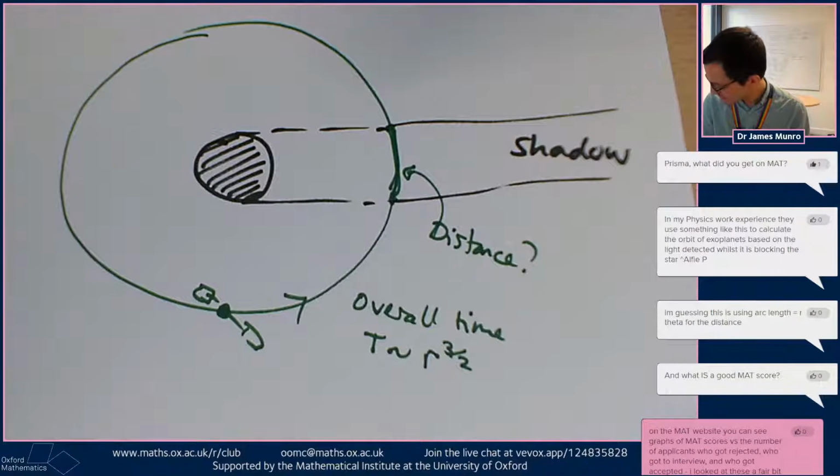So I thought this was super nice because there are two parts of this problem. One is to do with the geometry of which bits are in the shadow, and one of them is to do with the time that it takes to do an orbit, and those factors sort of fight against each other.